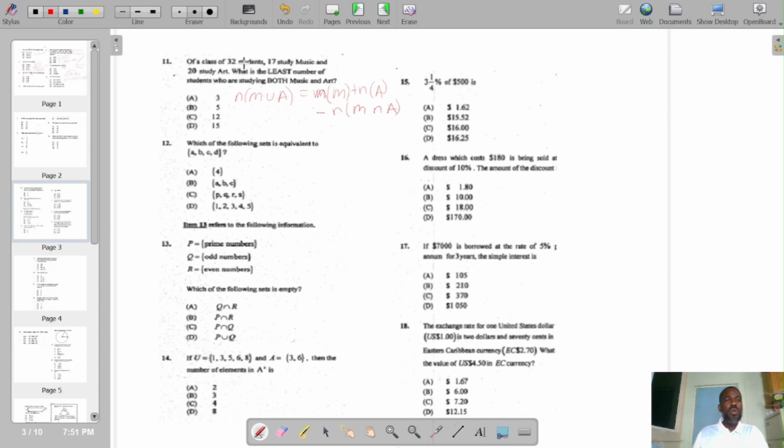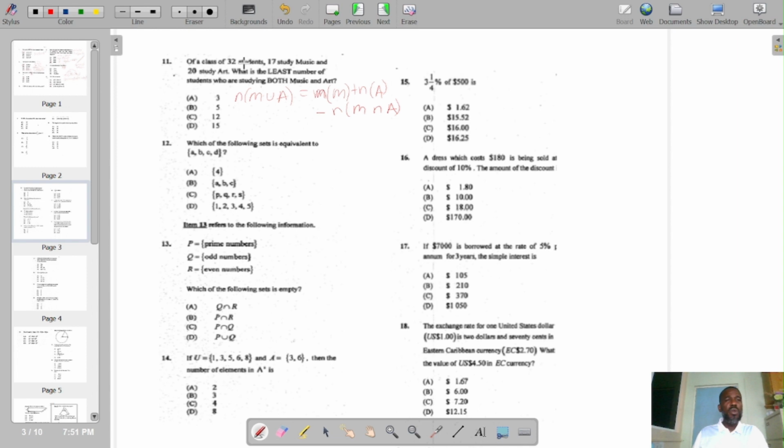We know that how many students are in the class? 32 students are in the class. Equal to number in music is 17. Number in art is 20.